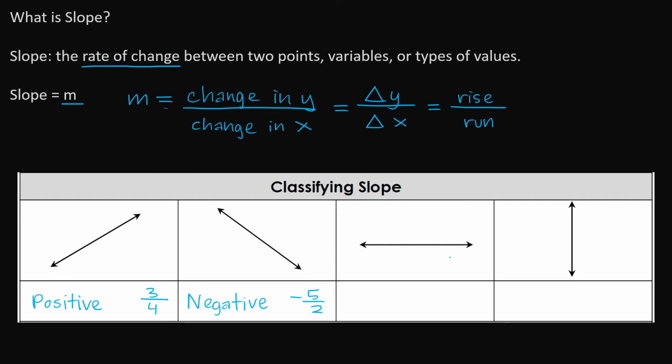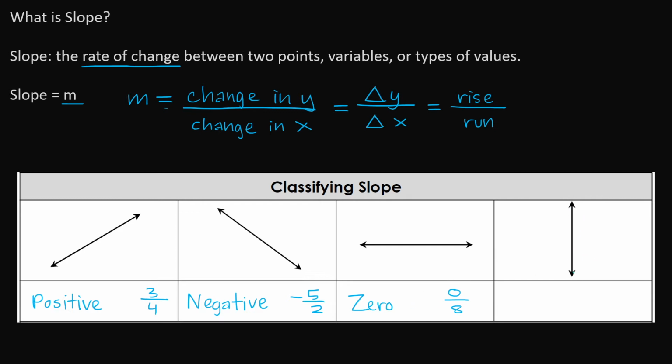Now we have a horizontal line. A horizontal line represents a 0 slope. That means there is no rise to this line. So an example, when you're calculating slope, you might get 0/8. 0 over any number besides 0 would give you a 0 slope.